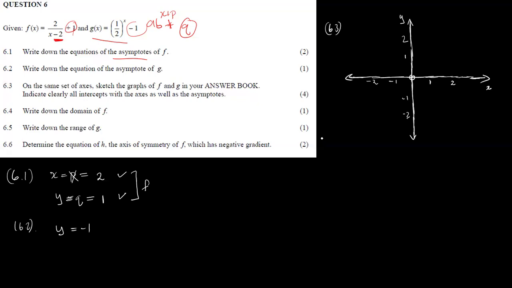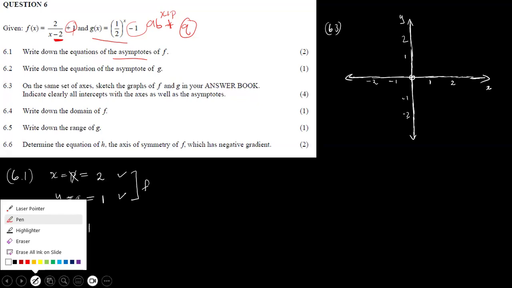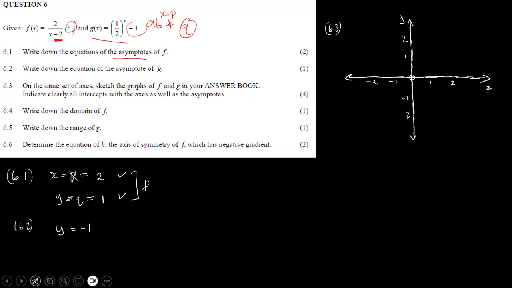And therefore from there, let's draw the graph of f. Let's start with the asymptotes first. The vertical asymptote for f is 2. You go to 2, where's your value of x, and then you draw your vertical line. This is the first asymptote.